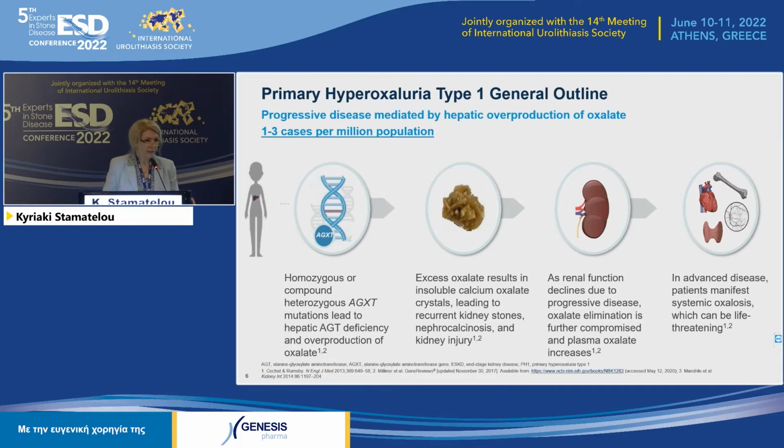Then, as the renal function declines due to the progressive disease, oxalate elimination is further compromised, and plasma oxalate increases. In advanced disease, the plasma oxalate is deposited in other organs, such as the heart, and this is called systemic oxalosis, and it can be life-threatening.